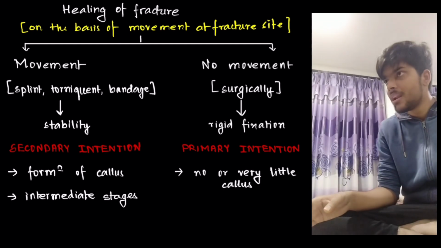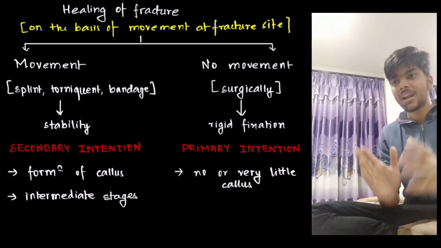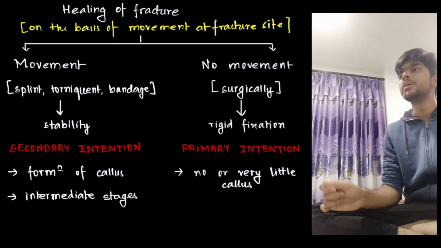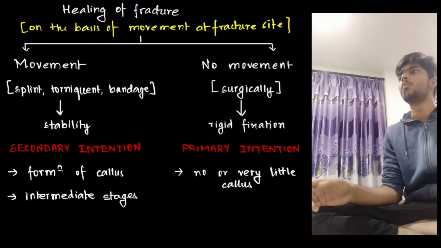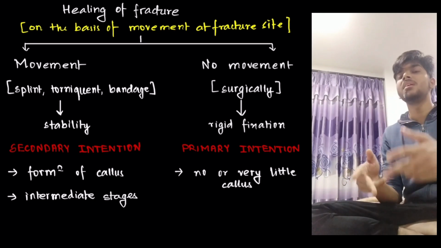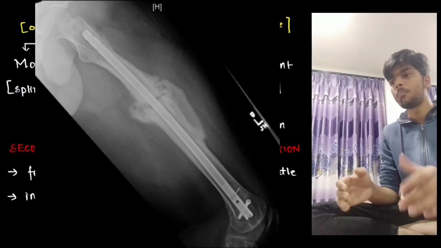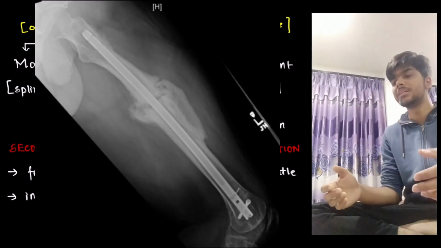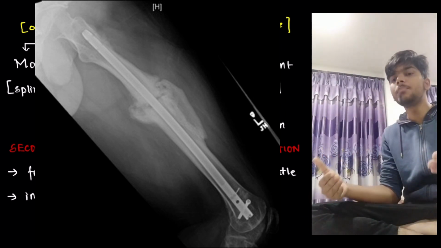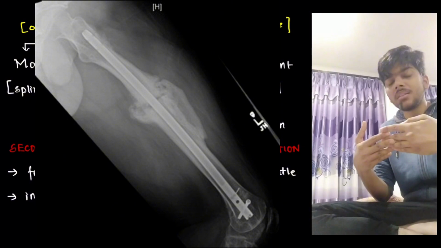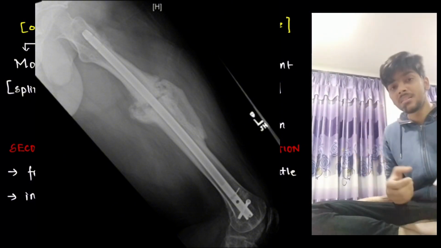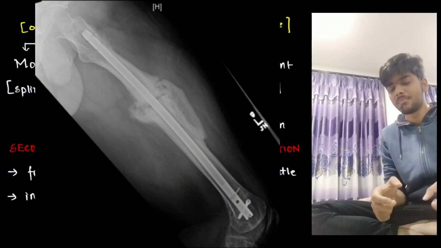Second condition, let's say a long bone gets fractured at a site. Now, instead of simply applying bandages or a splint, what the doctor does is surgically operate on the bone, applying nuts and bolts, maybe stabilizing plates, to keep the fractured parts of the bone together, to hold them together, so that there is rigid fixation.